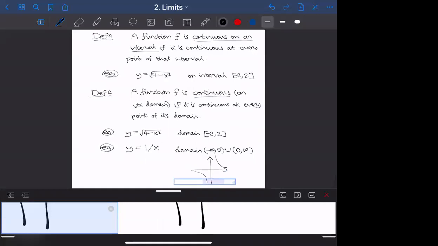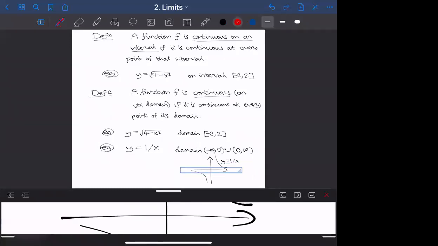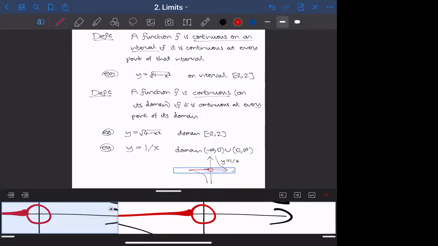So this is the graph of y equals 1 over x. The domain is everything except 0, the union of those two open intervals. And the graph is continuous on that domain.